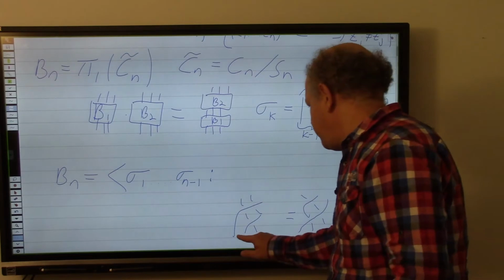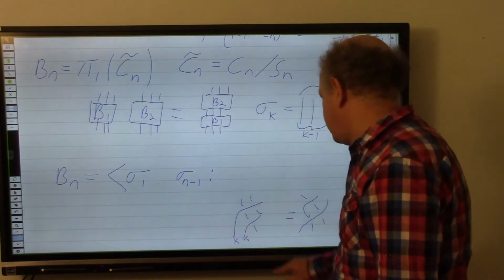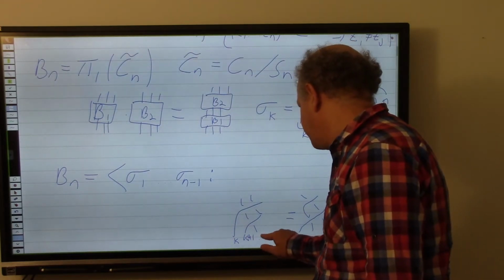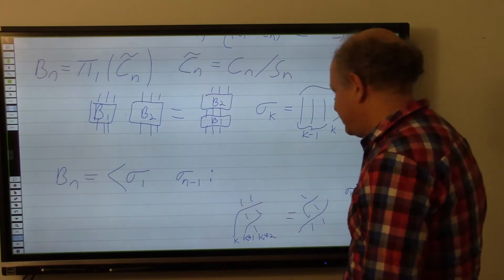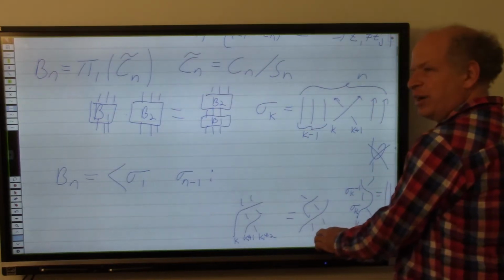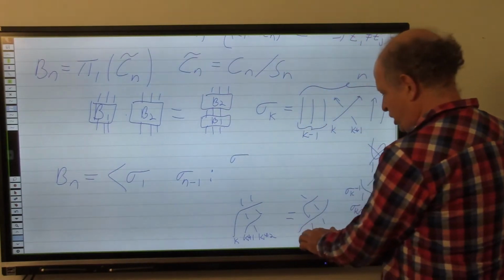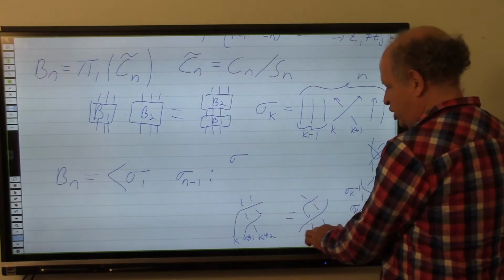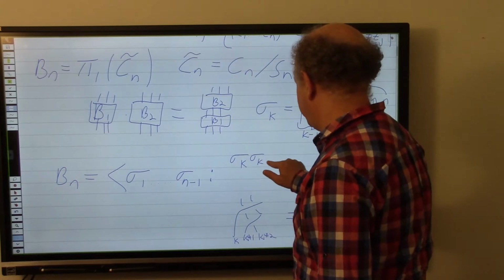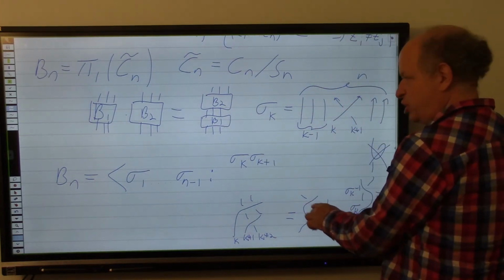If this is position k, this is position k plus 1, and this is position k plus 2, then the relation that you see here is, maybe I'll start from the one on the right. I do a switch in position k, then I switch in position k plus 1, and then again in position k.